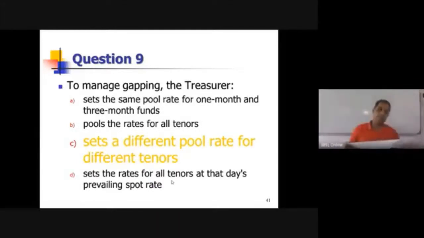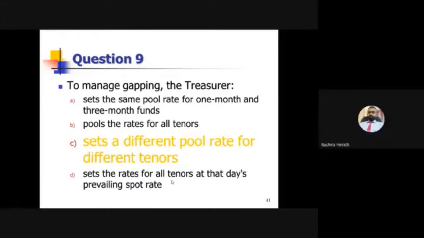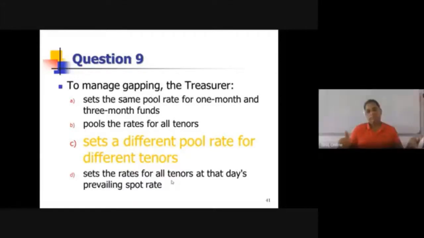Like we discussed, depending on gapping, whether he wants to borrow more short-term funds, whether he wants to lend more money in the shorter term, based on positive gapping, negative gapping, he will use the pool rate to do that. So if his view is interest rates are going down and he wants to raise more money, he will first lend more money.